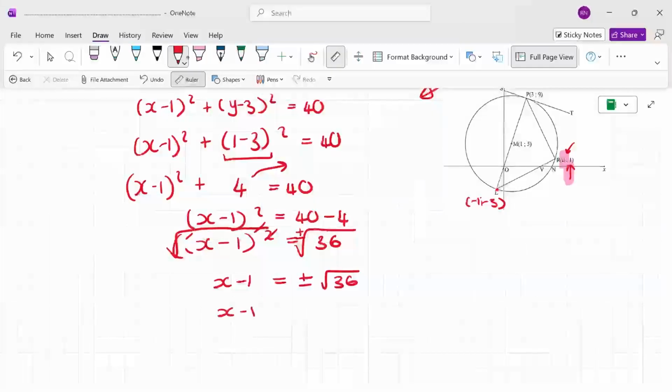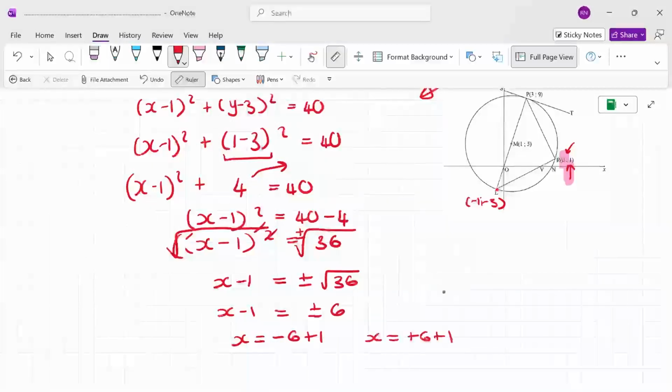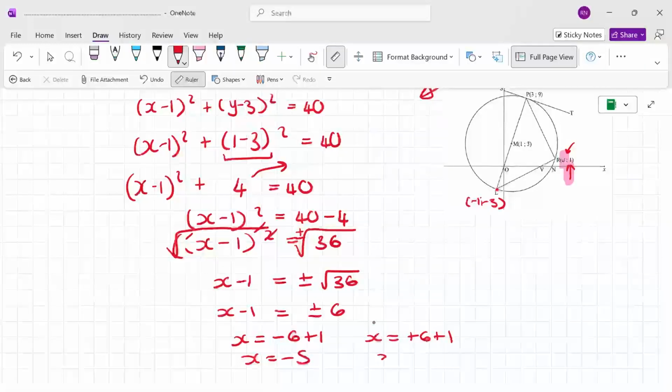So x minus 1 is equal to plus minus 6, right? And so x is either equal to minus 6 plus 1, or x is equal to plus 6 plus 1. So x is equal to either minus 5 or x is equal to 7.